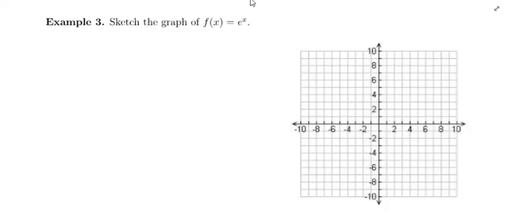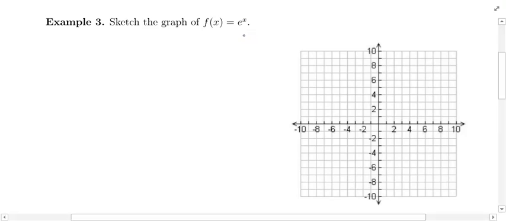At the top of the next page, we're going to try to sketch a graph of e to the x. Notice it is a simple exponential function. It's a number raised to the x power. So our base here is e. We're just raising approximately 2.71 to a power. All right, so we're going to make a table of values.